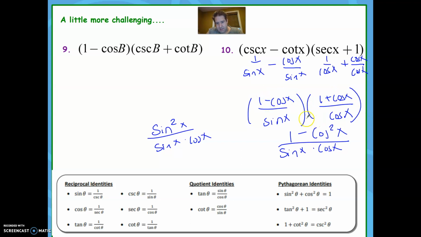Now I can cross this out, and I'm left with sine of x over cosine of x, which is really just equal to tangent of x, which should be my answer.